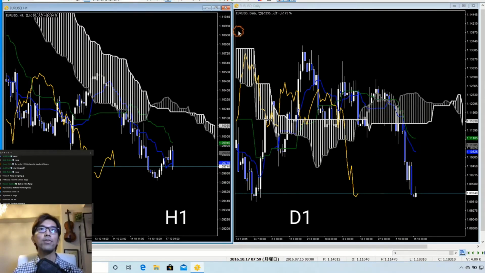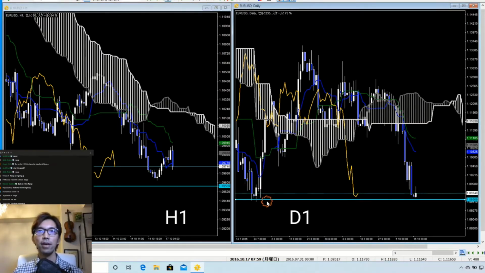However, we see that there is a recent support in this area. Unless the price breaks this recent low downwards, we better wait. We better wait for the sell, or until we see the Kumo trending downwards, we better wait.